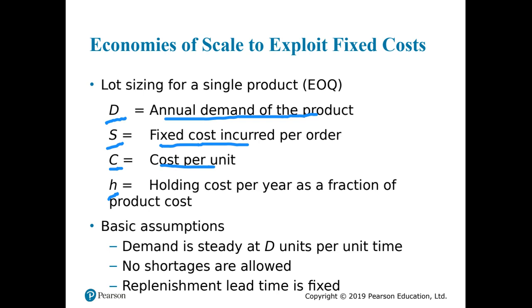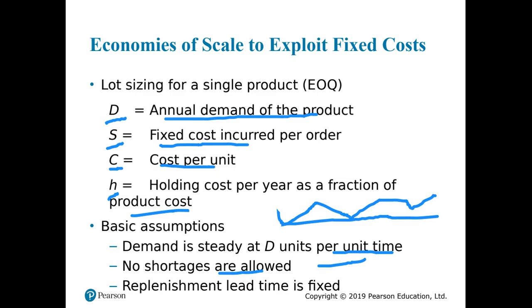The basic assumptions here are that demand is steady at D units per unit time, so there's no huge fluctuation in demand. No shortages are allowed, so we are going with a fixed kind of demand.